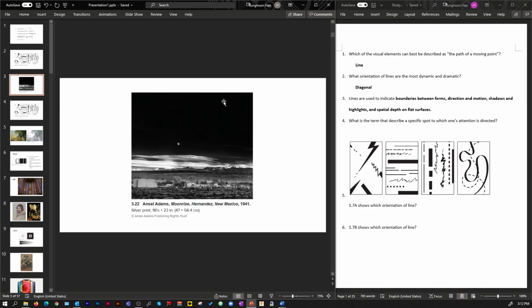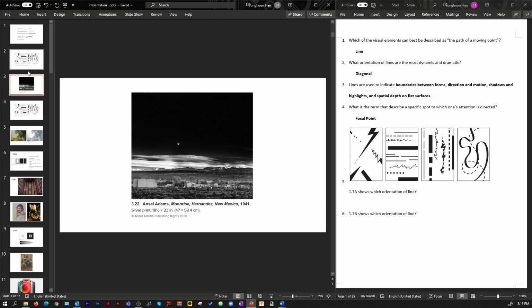So in this example right here, the focal point will be this tiny little moon because of its isolation from this darker area, and then this small moon packs such a visual weight compared to all these elements below here. So that is acting as a focal point. So for this answer, it is going to be focal point.